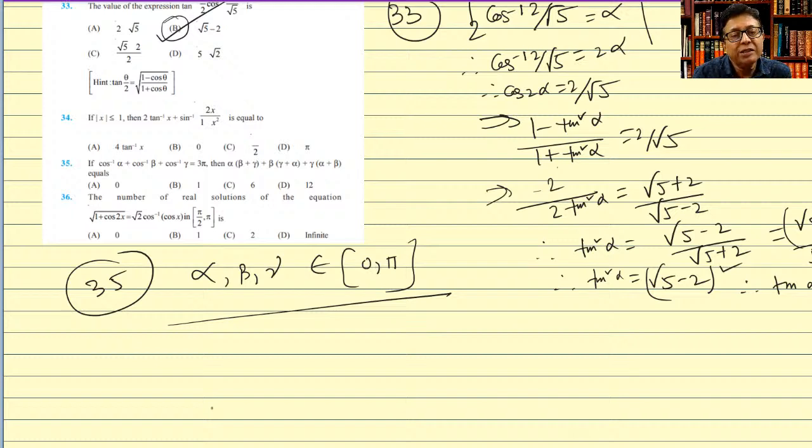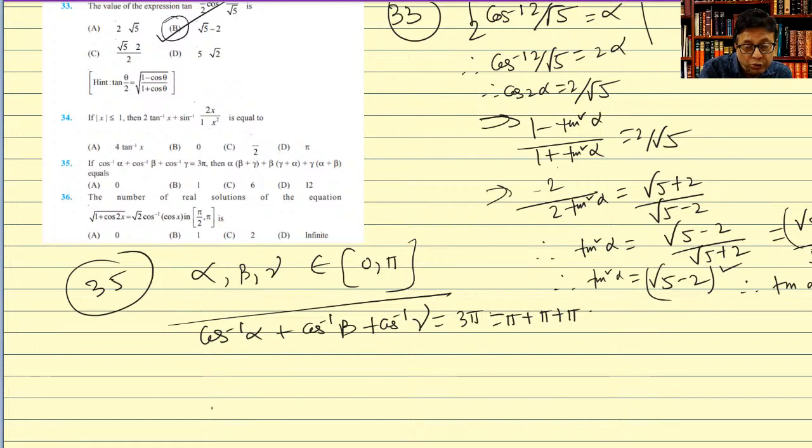But here, the sum of these three, this 3 pi is pi plus pi plus pi. So the sum of 3 cosines will be 3 pi, so it cannot be any value in between these two. It will be exactly that.